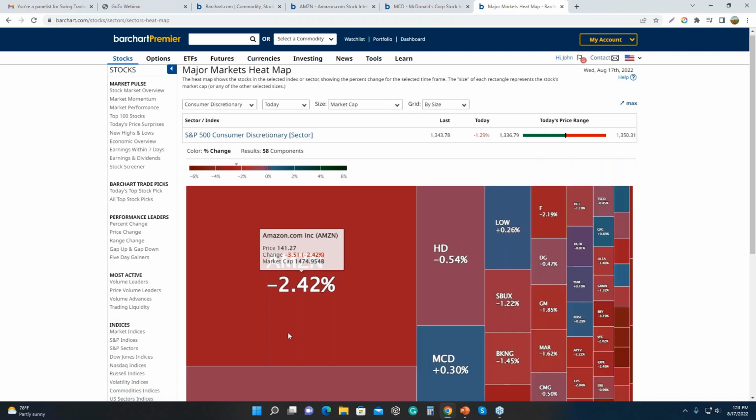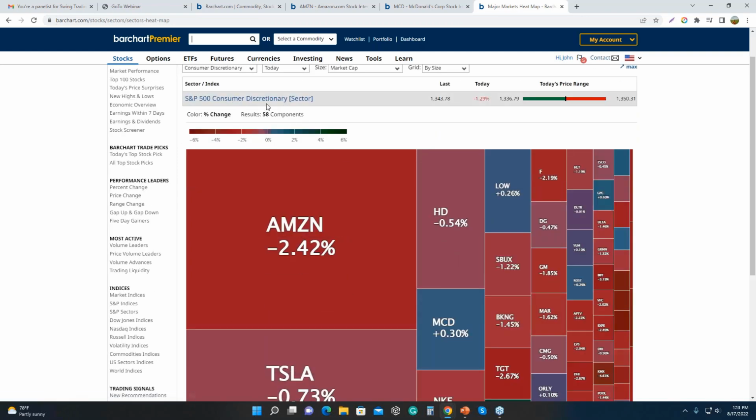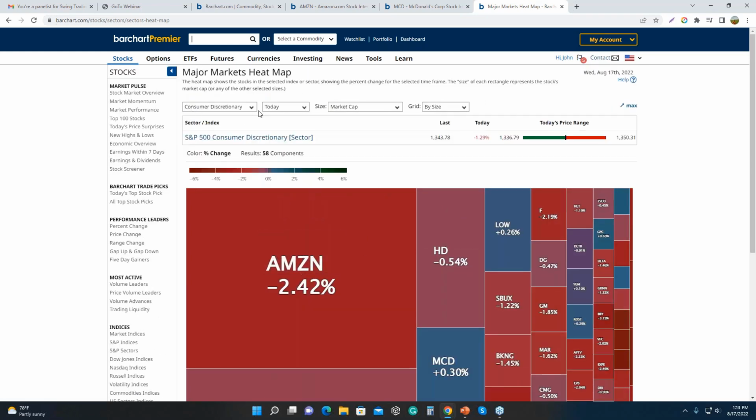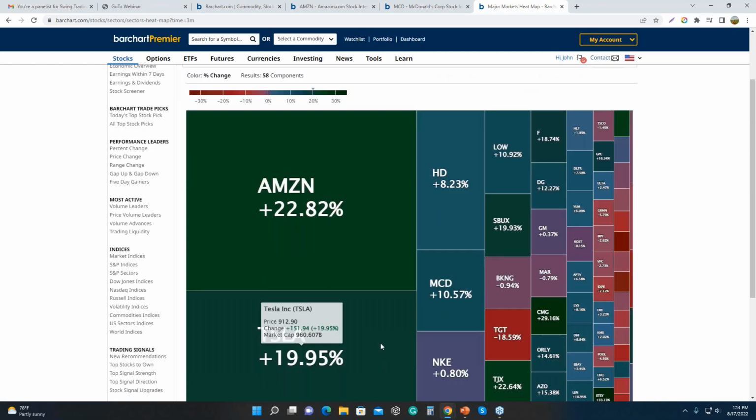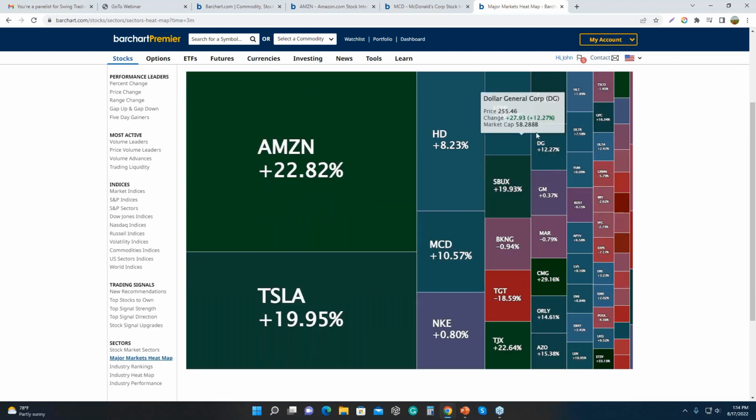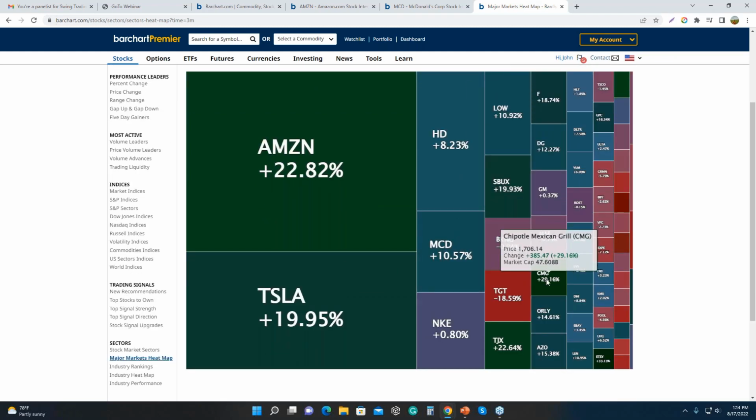And here, I'm in the consumer discretionaries. And this is where I can kind of do that analysis. Let's say I go to a 3 month period, where this sector is up about 12% over the last 3 months. But inside of this sector, I could identify those stocks that have outperformed the sector, in other words, the ones that are leading that sector.